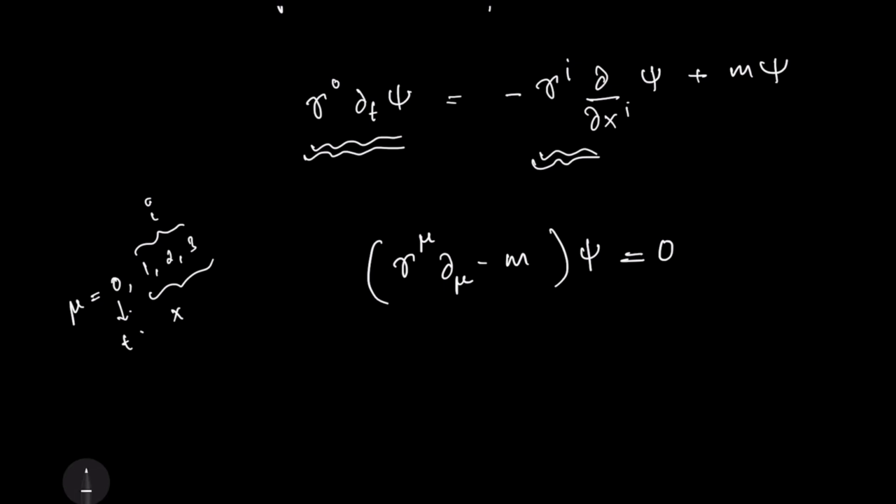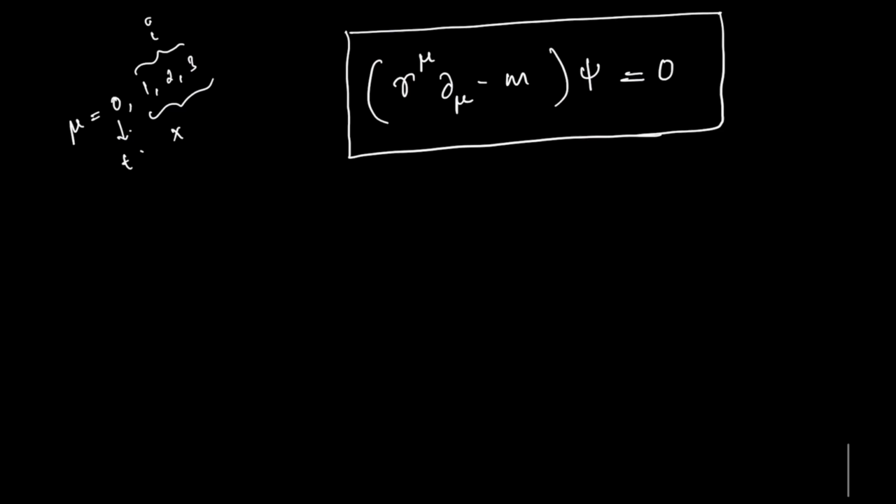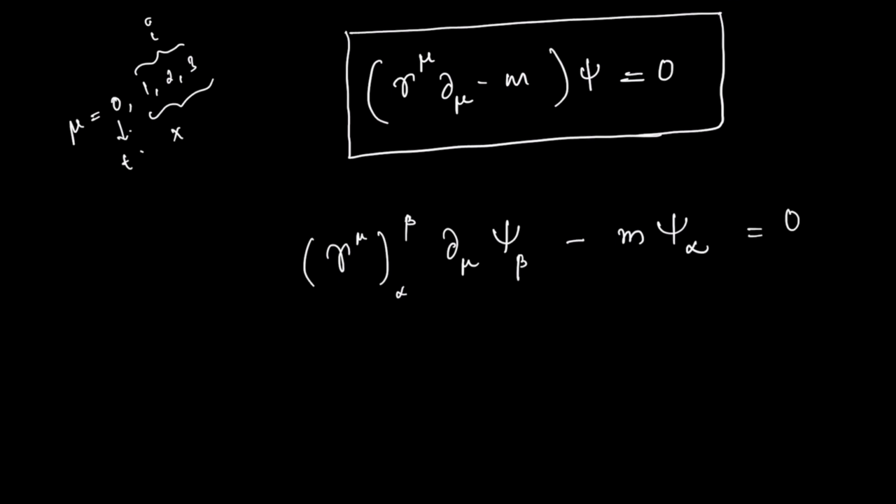This matrix equation can be represented in component form. If gamma mu is a matrix, then its component can be written as alpha beta, then partial mu psi beta, because psi also has components, minus m psi alpha is equal to 0.